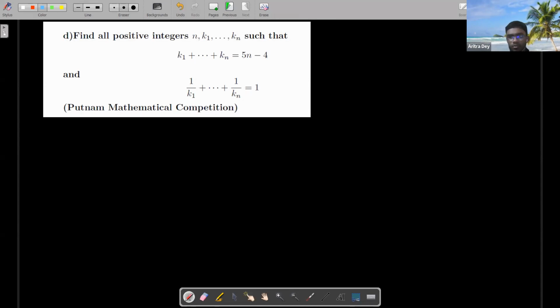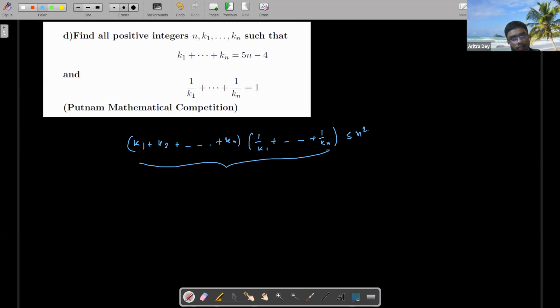Okay, as some of you already pointed out, k1 plus k2 plus so on up to kn, multiplied by 1 by k1 plus so on up to 1 by kn, is basically greater than or equal to n square. And I know that this particular thing is basically 5n minus 4, that is lesser than or equal to n square.